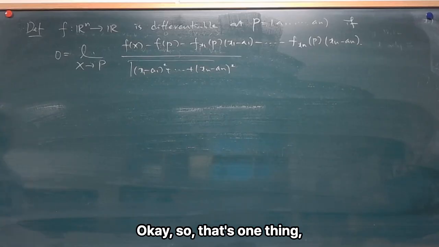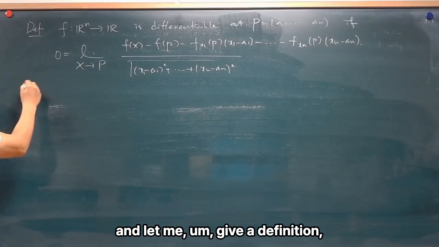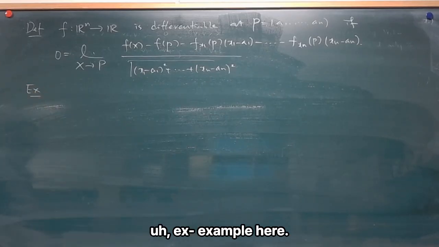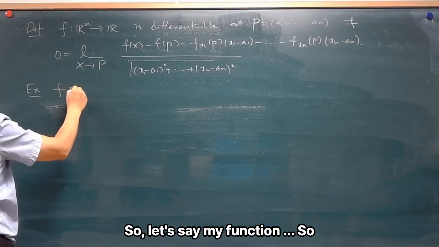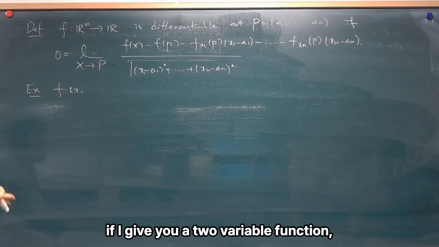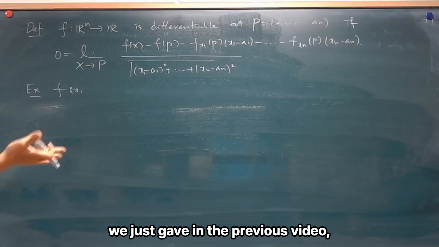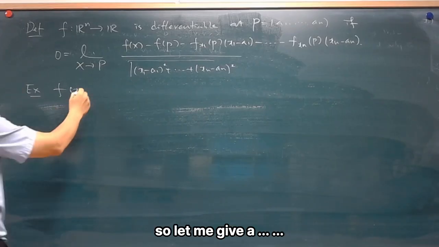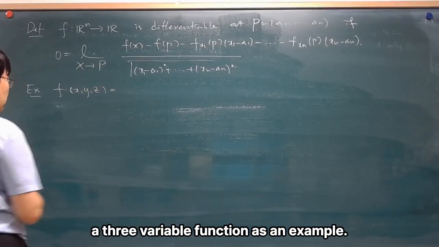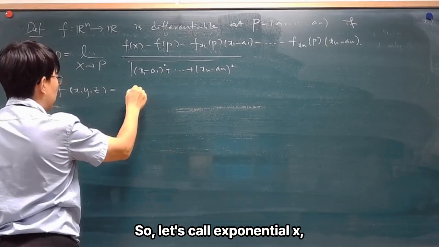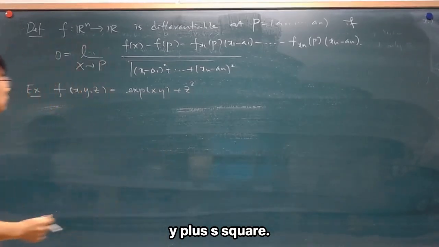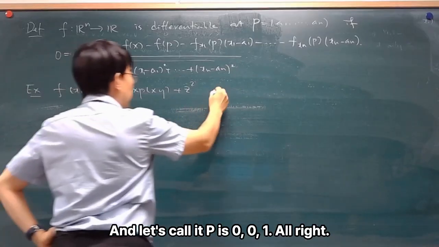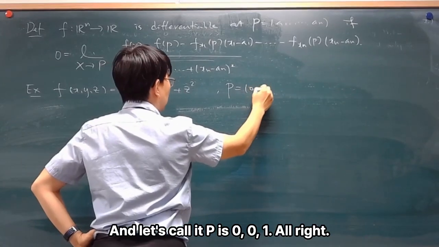Okay, so that's one thing, and let me give an example. If I give you a two-variable function, that's exactly the same definition we just gave in the previous video. So let me give a three-variable function as an example. Let's call it e to the power xy plus z squared, and let p be (0, 0, 1).